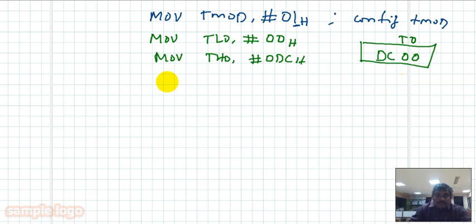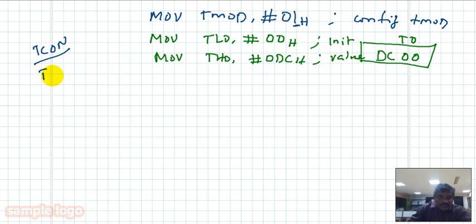Then step 3. In 8051, you use a semicolon, and after the semicolon you can write any comments. Say this is the initial value. Step 3, you can start the timer. How to start the timer? There is a register called TCON.